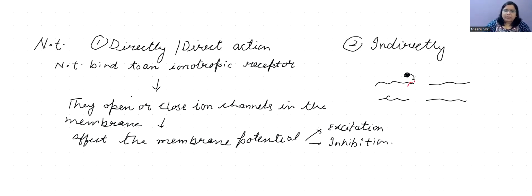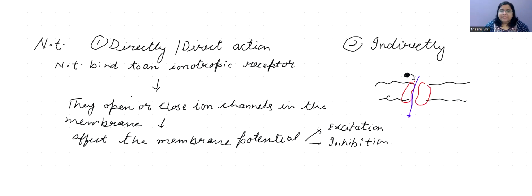As they open, they allow a flow of particular ions, or they can stop particular ions. Like that they can change the membrane potential, and according to the membrane potential, excitation or inhibition takes place. Understood?